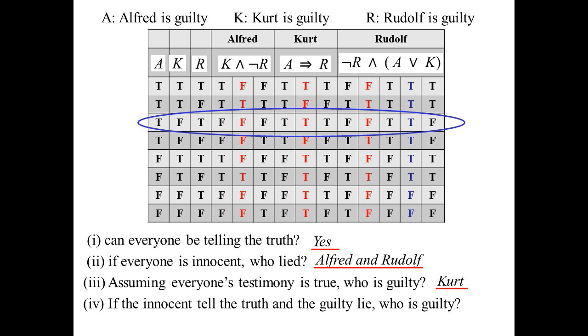So where there's false, their statements must be true. And the guilty lie. So where we see true, their statement must be false. And that's what we're looking for, and that's the situation. So Alfred and Rudolph would be guilty in that final situation.